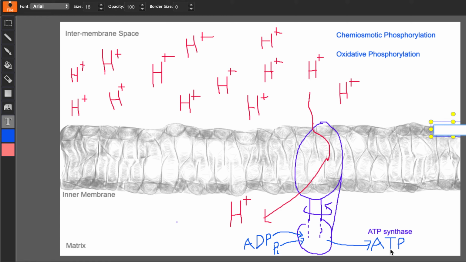So energy started as chemical energy in food, chemical energy in NADH, potential energy, a different kind of potential energy in the proton gradient, kinetic energy in the proton flow, kinetic energy in the moving parts of ATP synthase, and then back to chemical energy again, which is a kind of potential energy in the form of ATP. Now it's ATP. Now it can go use that energy for any activity in the cell.